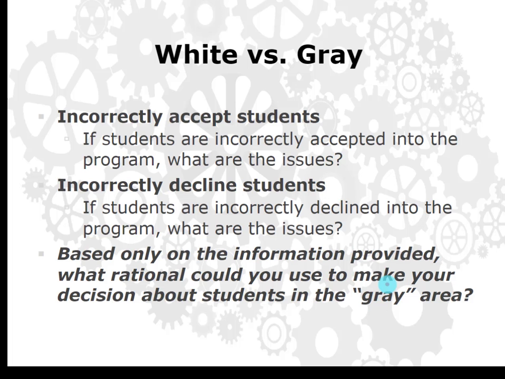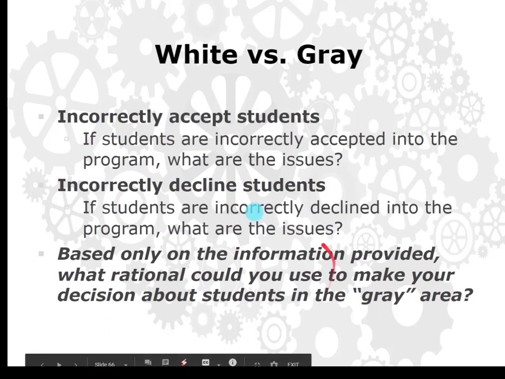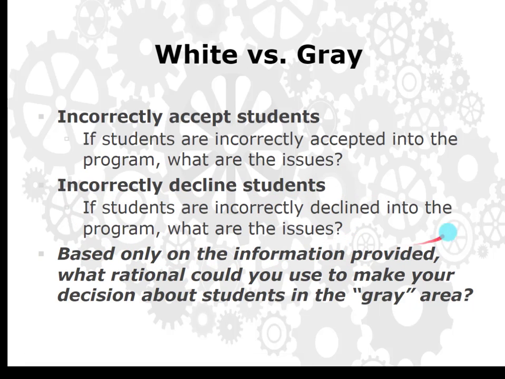This is the same kind of thing. If you incorrectly accept students into the program, number one, they might fall behind, they might feel bad, they will have to go back into the old class, and they'll waste time. Incorrectly rejected, the students are not having access to a program that they maybe would have thrived in.